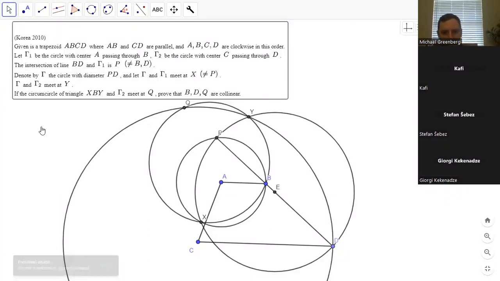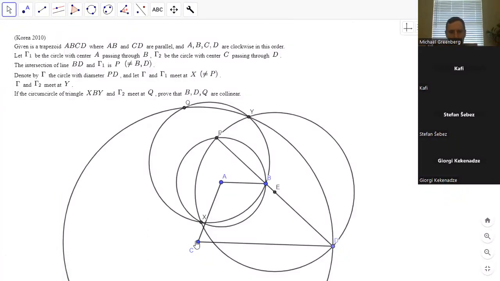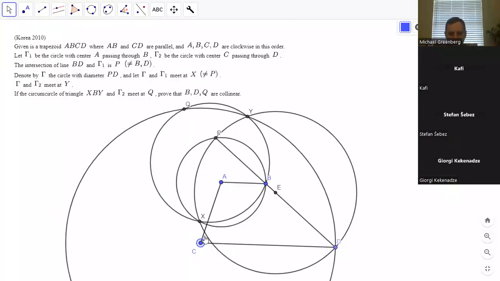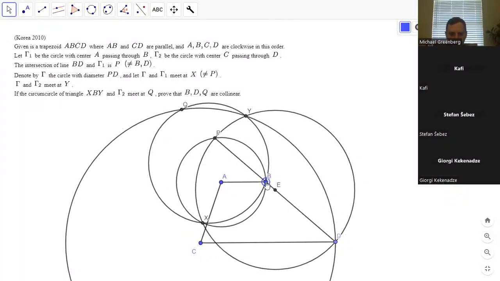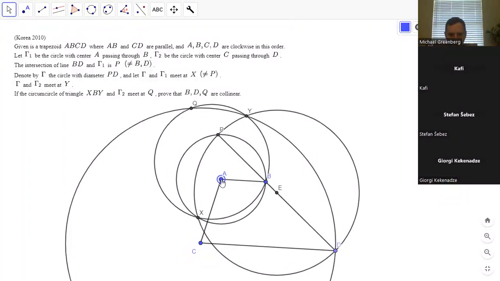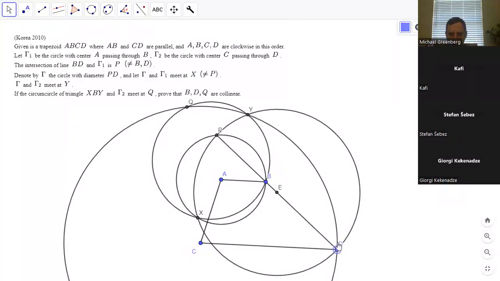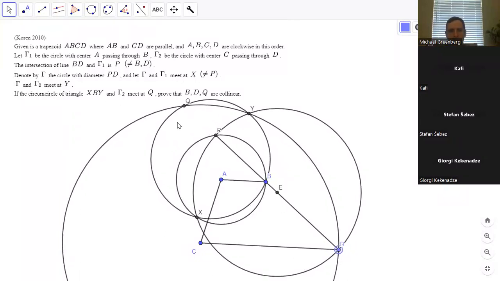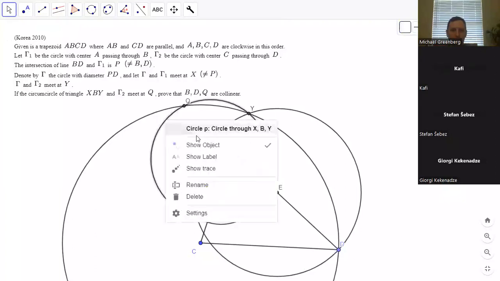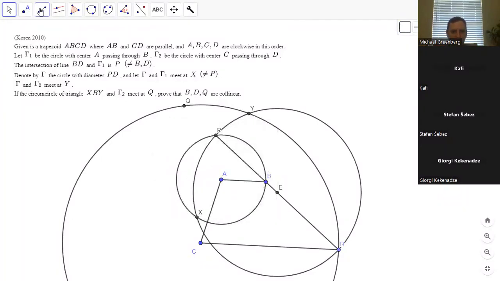Okay, so let's see. I wonder if it's easier to let BD meet the circle at Q and then show that that's cyclic. It's probably an easier way to do that. So we could let Q prime be the intersection of this with that circle.